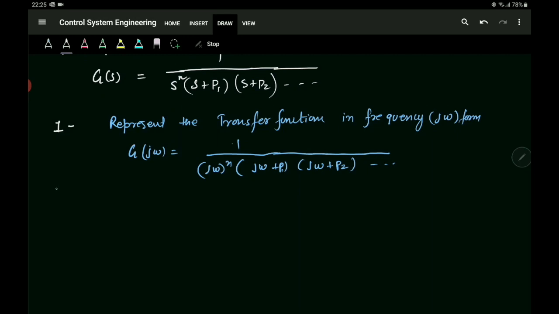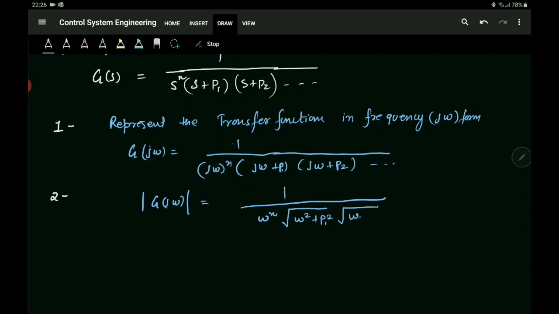Second step, write down the formula of the magnitude and the phase of the system. The magnitude of the system will be mod of G(j omega) equals 1 divided by omega to the power n times the square root of omega square plus p1 square, times the square root of omega square plus p2 square.